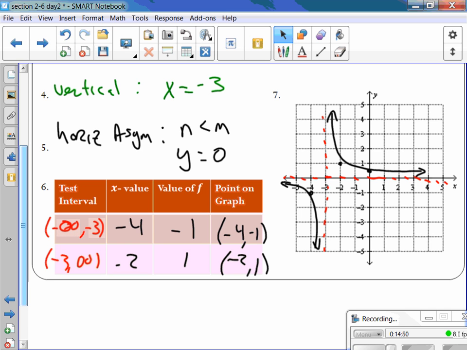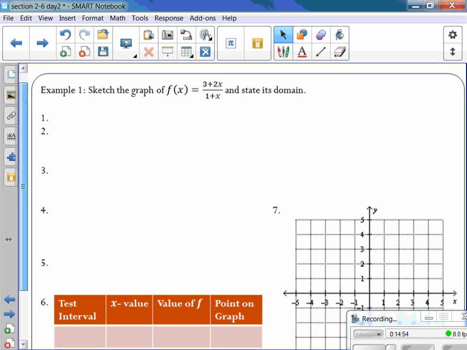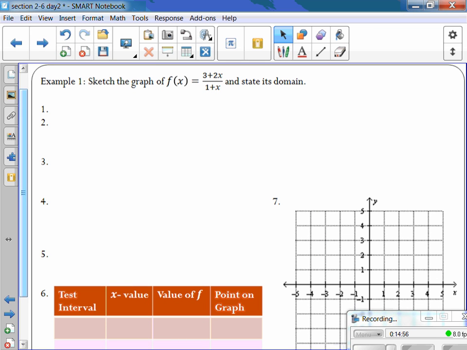Here we want to sketch the graph of f of x equals (3 plus 2x) over (1 plus x). Is there anything to do to simplify? Can you factor the numerator? Can you factor the denominator?